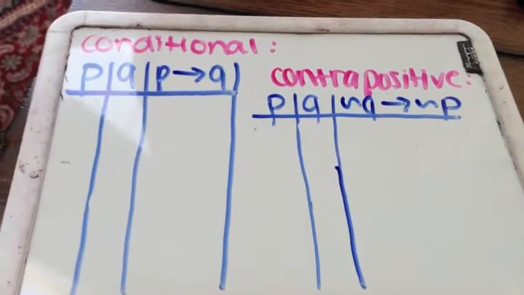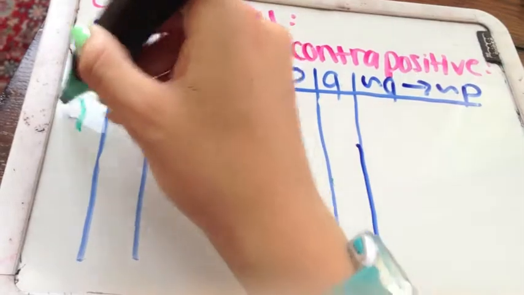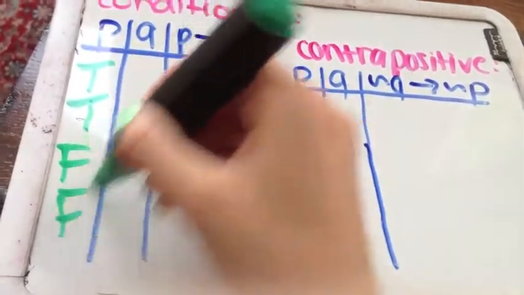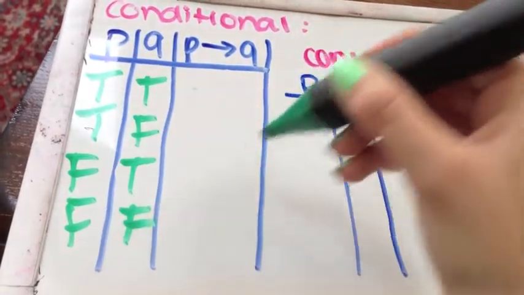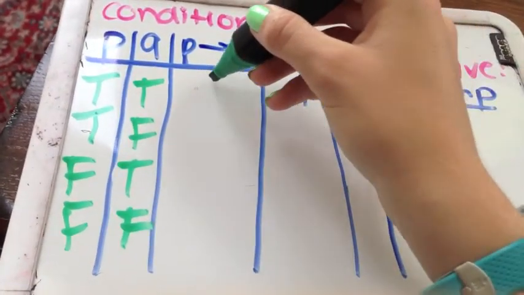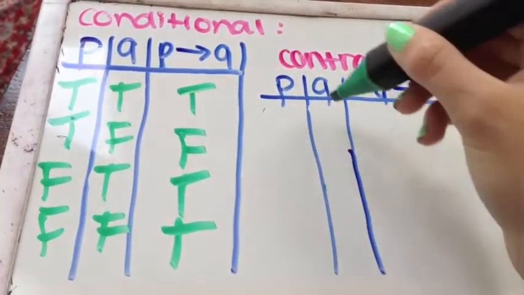For conditional and contrapositive statements, your truth tables will look like this. So just set them up. True, true, false, false, true, false, true, false, like we learned before, and then fill in your blanks. True, false, true, true.